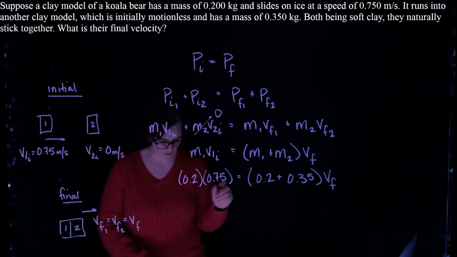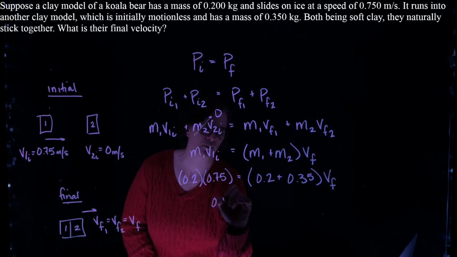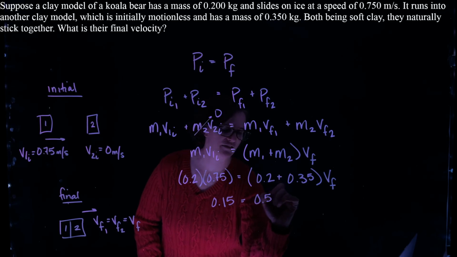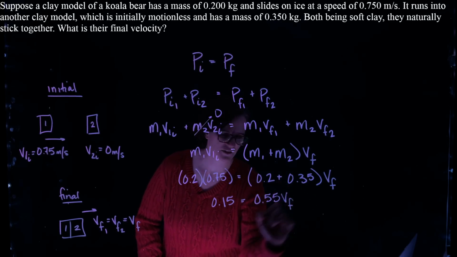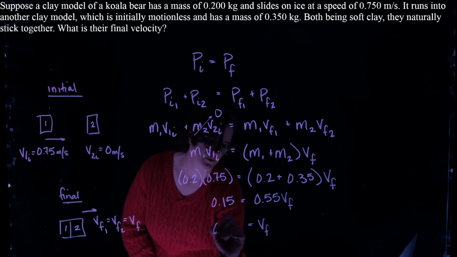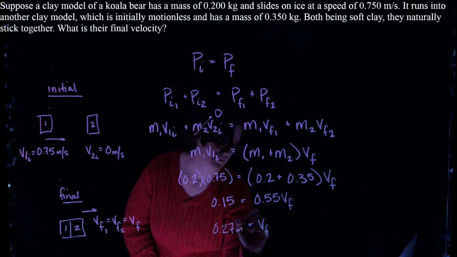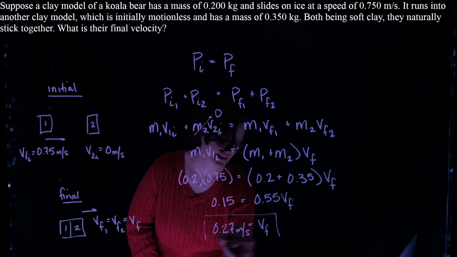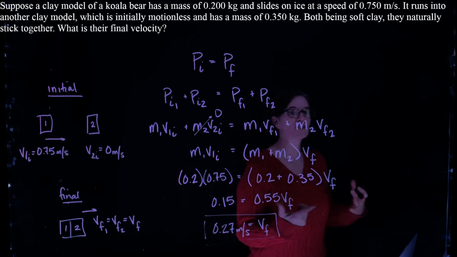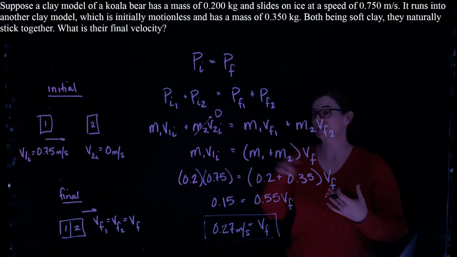And when we solve for V final, we see 0.15 is going to equal 0.55 times V final, and we get our V final equal to 0.27 meters per second.